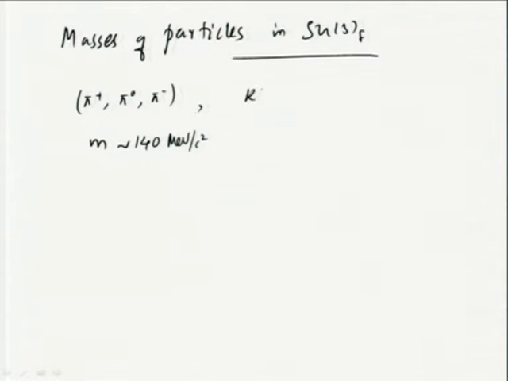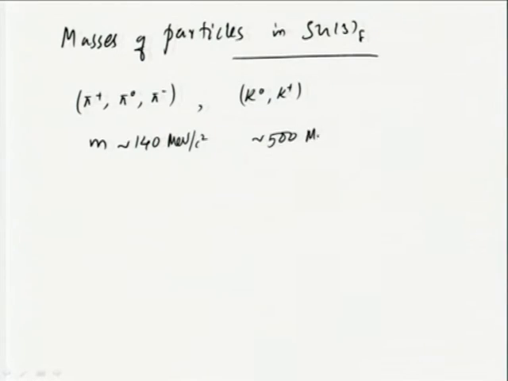And similarly for K 0 and K plus, we said we could group them under the same isospin grouping because they have similar mass, about 500 MeV per c square. Similarly, proton and neutron also have mass about 940 MeV per c square. Both of them can be grouped together. So, the masses were the same more or less.